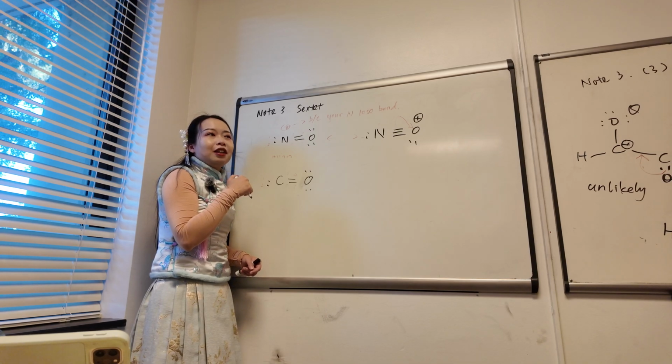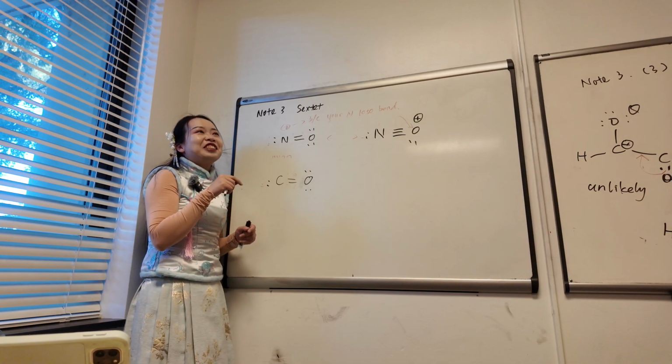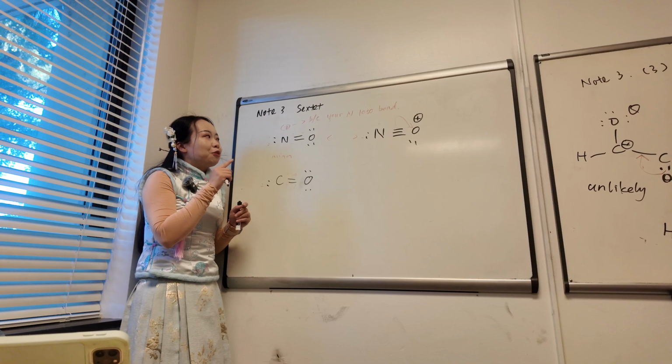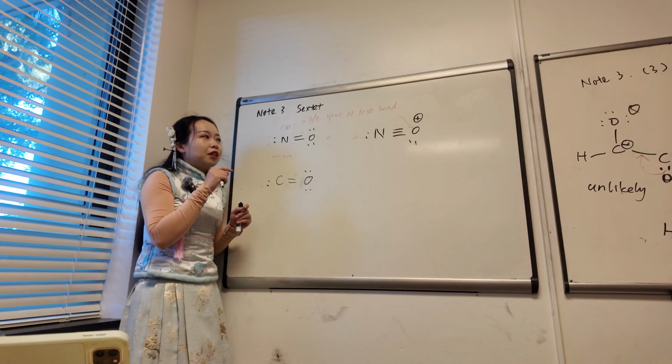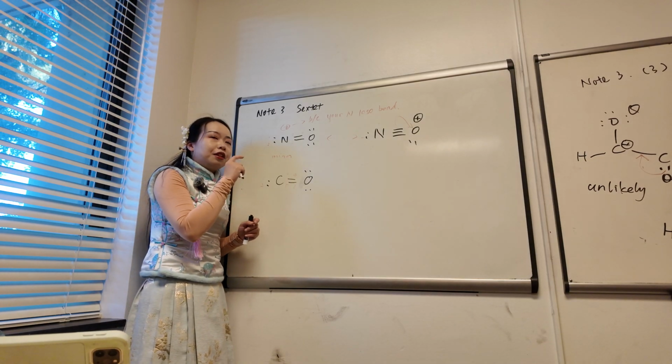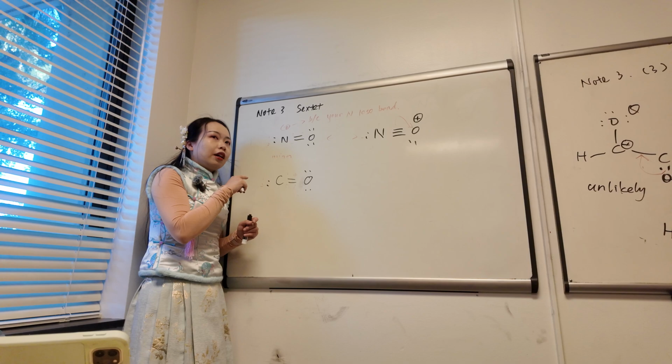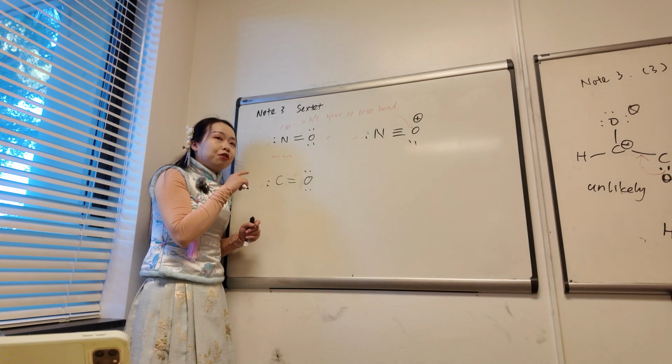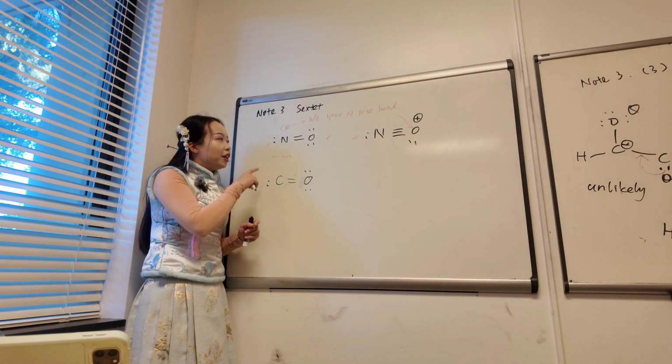Are we good? Okay. I might use my sense, but this sense is more like, I don't want people to memorize the resonance structures. I want you to form a sense of whether this is quite right or quite wrong. If this is not something quite right to you, either it's a wrong structure or it might be a sextet.